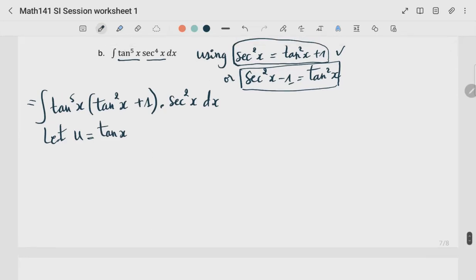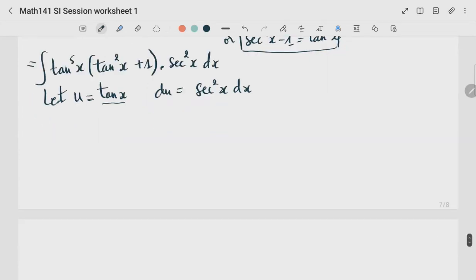I don't think we need integration by parts, because if you substitute u by tan x, then du is equal to sec squared x dx, right? And that means dx is just equal to du over sec squared x.